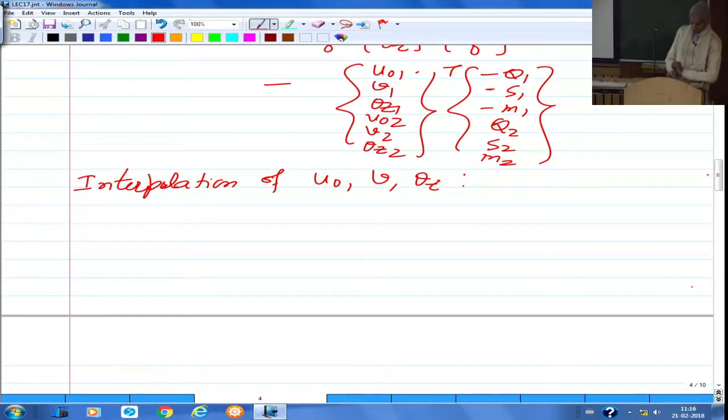So I talked to you about this interpolation. We need u naught, v, theta z as degrees of freedom at the end nodes, being primary variables, to make sure that the deformed configuration of the structure is a continuous domain when we assemble all the deformed elements together. So for that we need u, v and theta z as the degrees of freedom at the end nodes of the element.